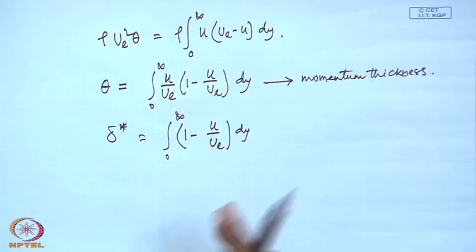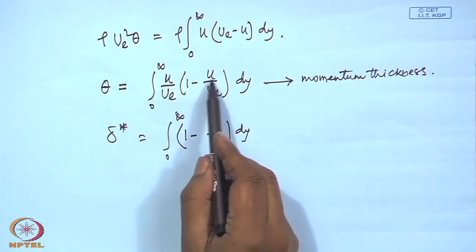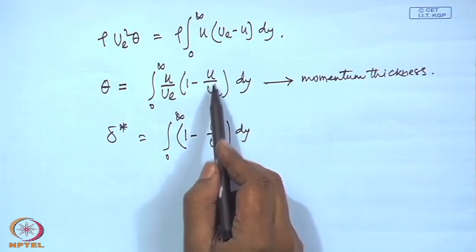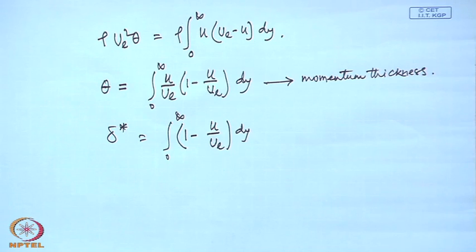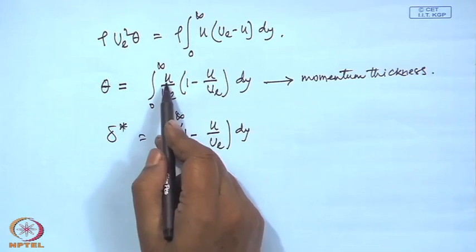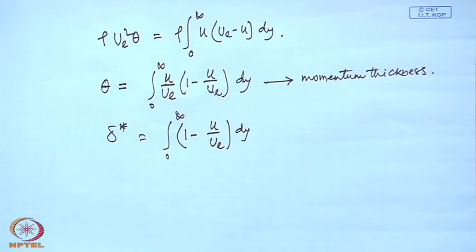So, it is the difference of that rho e u e minus rho u that would have been the mass flow defect integrated across the boundary layer, rho e u e minus rho u, and then it would have become 1 minus rho u by rho e u e, this definition. In the momentum thickness also, this u by u e will be changed to rho u by rho e u e, because that is again coming from that mass flow defect multiplied by the velocity for the momentum, that will not change.